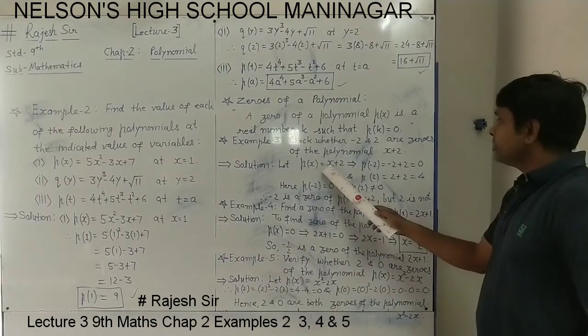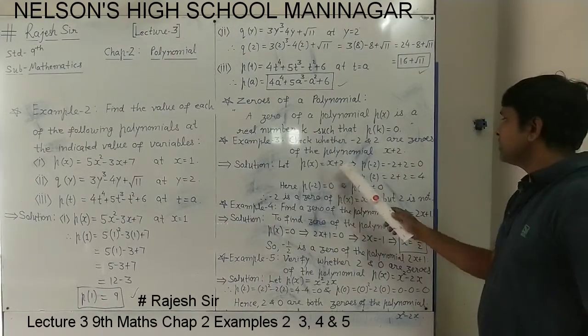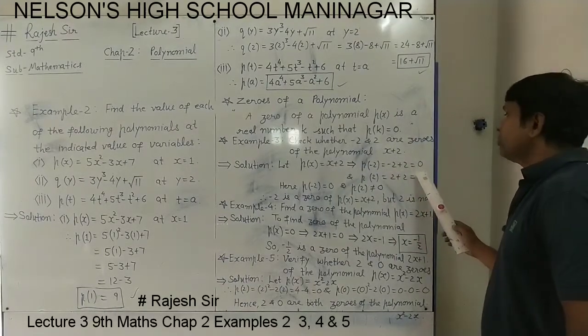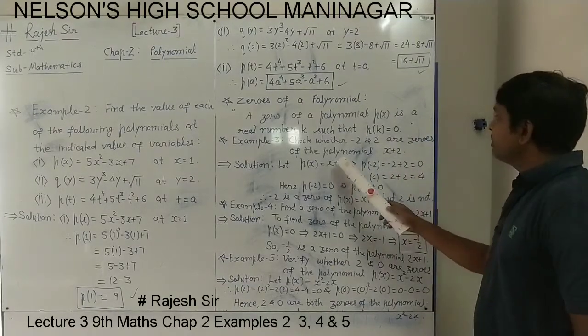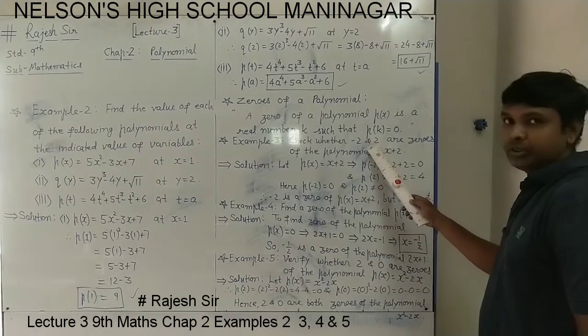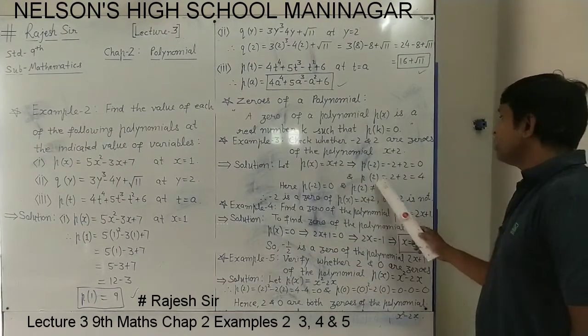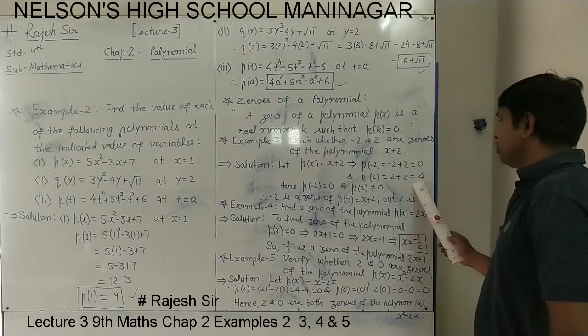If you put −2 in place of x, this will be −2 + 2. Minus 2 and plus 2 becomes 0. Now replace x by the next value, 2, given in the question. So p(2) = 2 + 2. X is replaced by 2 and plus 2 is given. So 2 and 2 is 4.